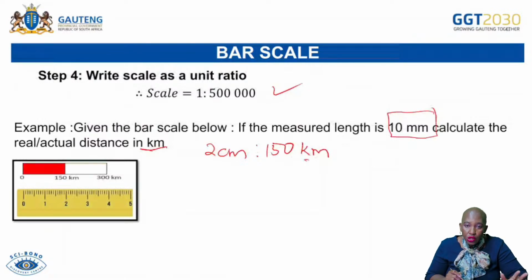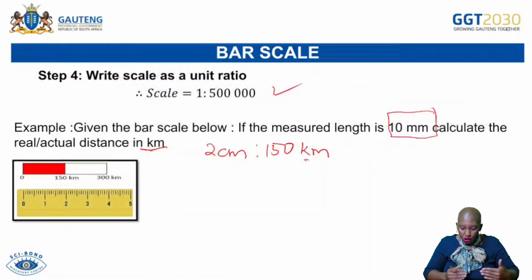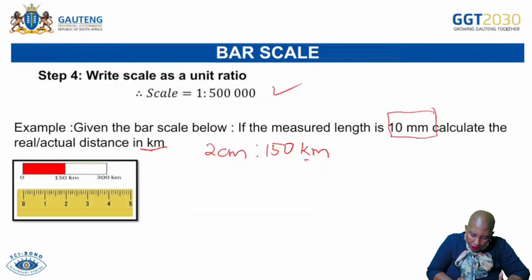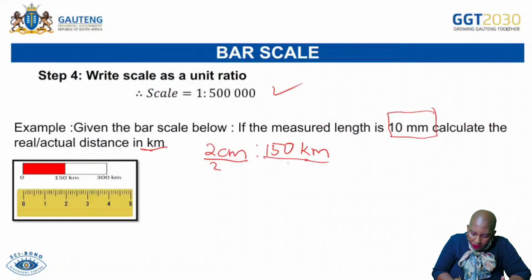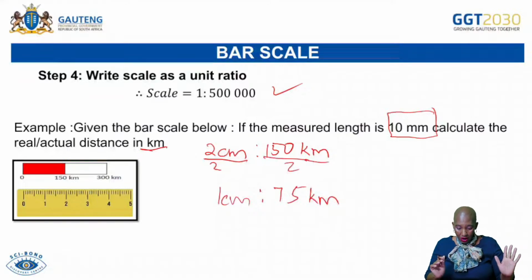So for us to get this in a ratio form, if 2 centimeters is equal to 150 kilometers, then I want to make it a unit ratio. I will divide by 2. I will divide by 2. And then I get 1 centimeter is to what? Is to 75 kilometers.